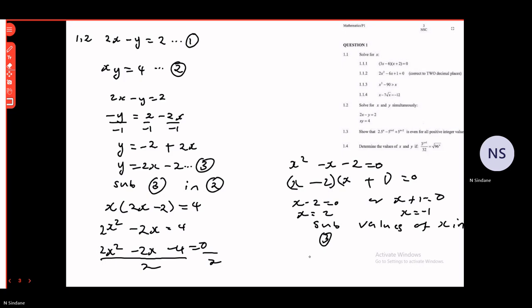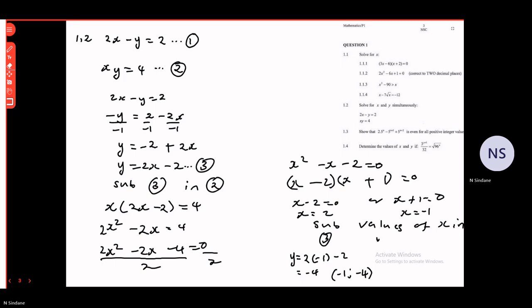Then this will give me y is equals to 2 into -1 minus 2. This gives me minus 4. Then in terms of coordinates, I can say this will be -1 and -4.